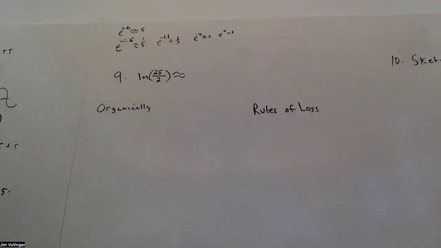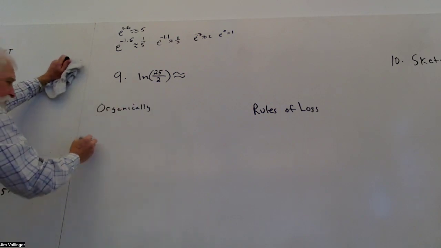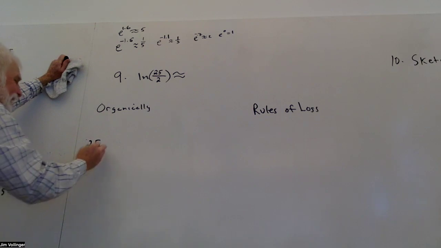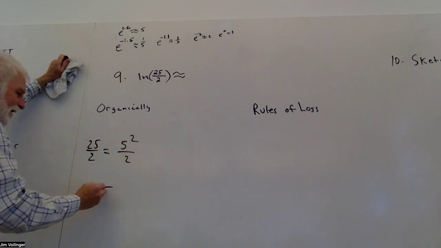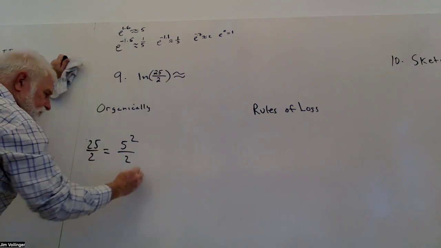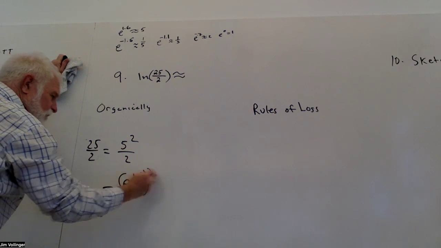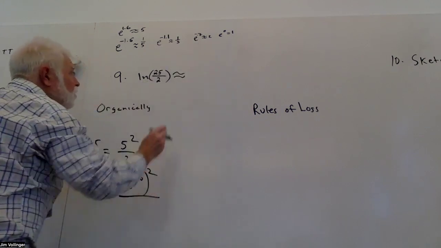All right, so organically means I'm going to write 25 over 2 in e notation. 25 over 2 in e notation is 5 squared divided by 2, and I can turn the number 5 into e to the 1.6. And that is getting squared, and that's being divided by, well, e to the negative 0.7 is 1/2.